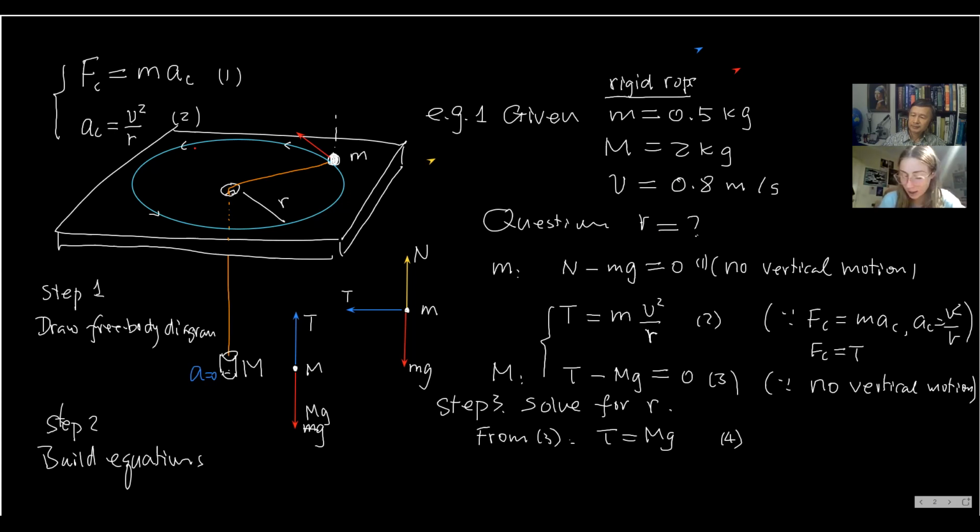Solve for T. So you would do 2 times 9.8. Not yet. We need to find the formula. The objective now of the third step is to solve the formula. Can we find the formula for R before we use the numbers?